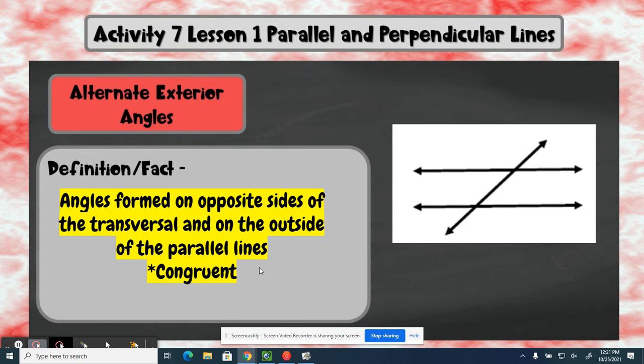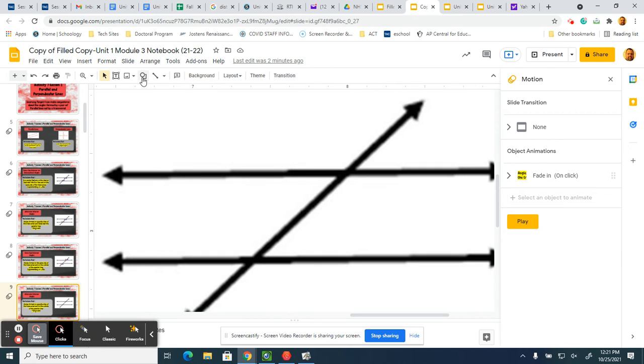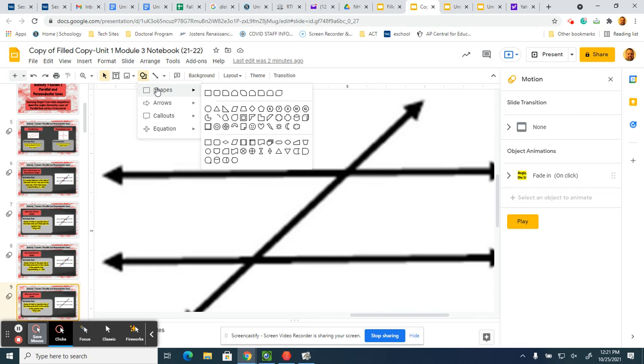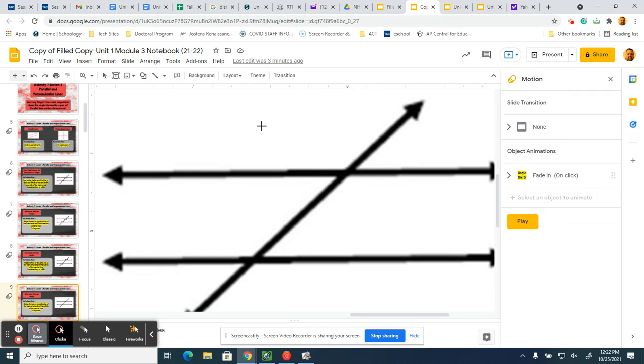Okay, let's put some symbols in here. Let's use, I don't know, let's use the heart here. All right, so that's on the outside. This time we're talking about alternate exterior.